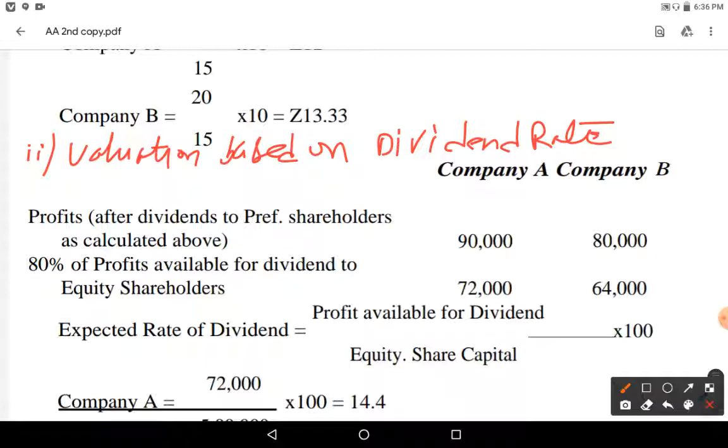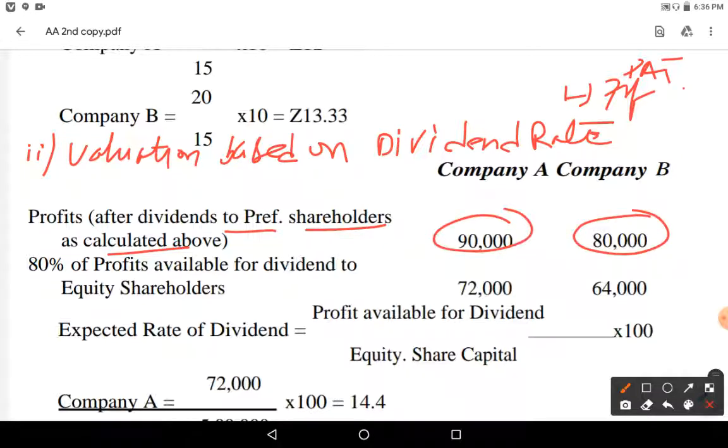Profits after dividends to preference shareholders. Earlier we did profit after tax, PAT, minus preference dividend. After that we got profits available to equity shareholders, that is 90,000 and 80,000. Out of this, 80% is profits available for dividend to the equity shareholders.